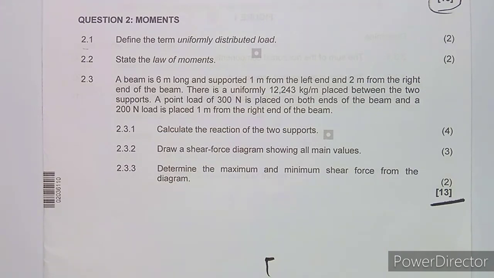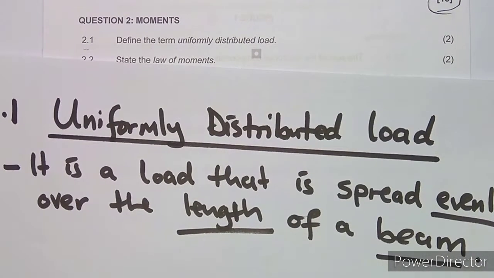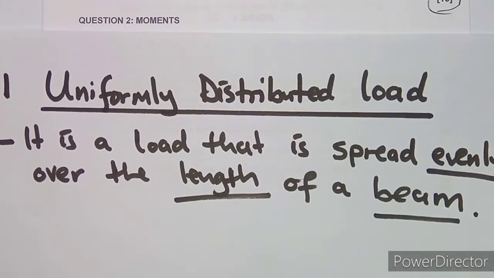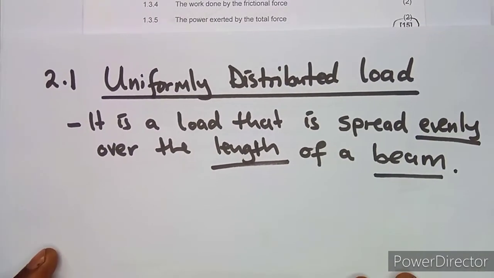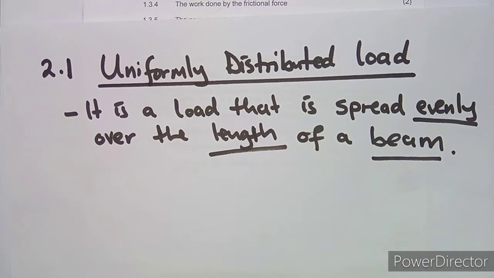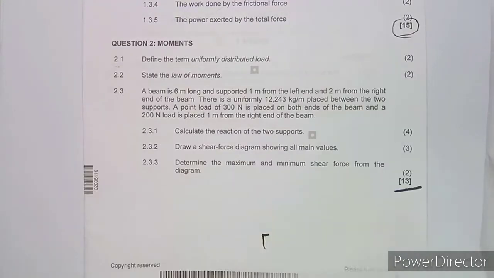So a uniformly distributed load is a load that is spread evenly over the length of a beam. Take note, you'll be given a light horizontal beam, so that one will be distributed, spread evenly over a certain length. Okay, so that is what we have there.